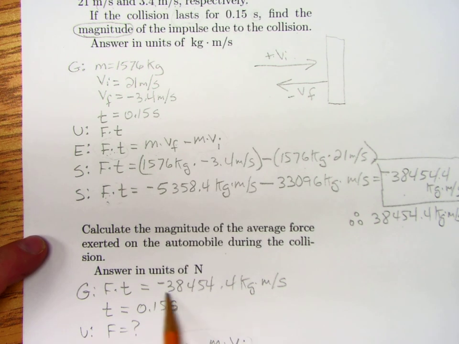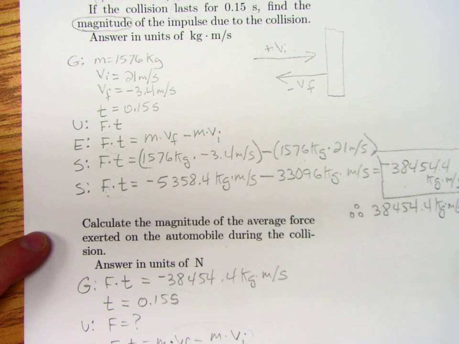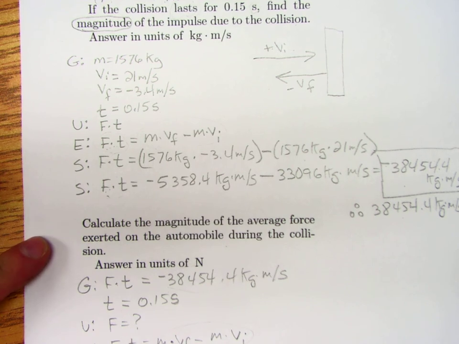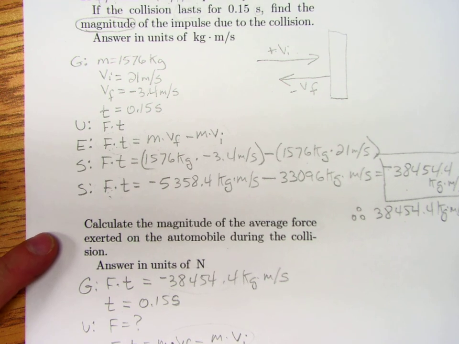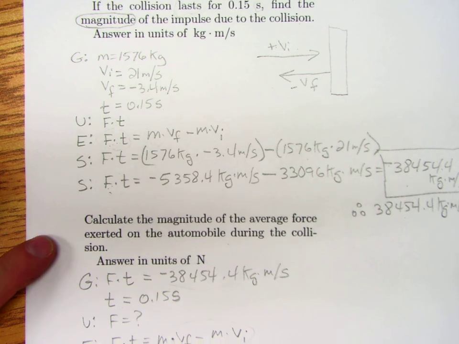And we've already found this. It's right here. And so we're going to substitute our other value, which is time, and we get force multiplied by 0.15 seconds equals minus 38,454.4 kilograms times meters per second.